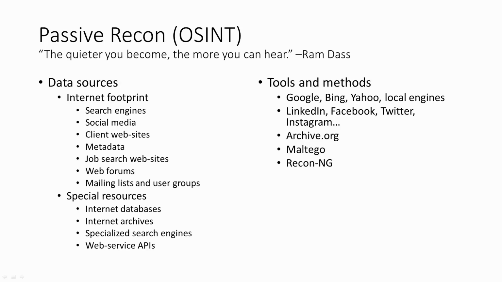Of course, there are mailing lists, user groups and web forums where people discuss different things, sometimes related to what they do. I think now it's not very popular, but back in the day you could find all sorts of sensitive information in mailing lists. And the bad thing about it is that without the help of the people who moderate or administer them, you cannot remove anything.